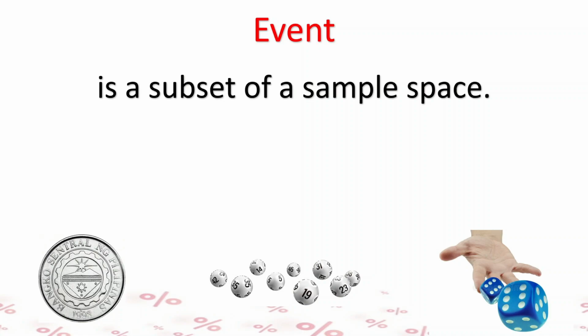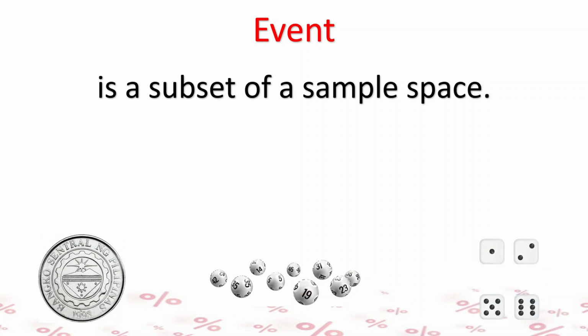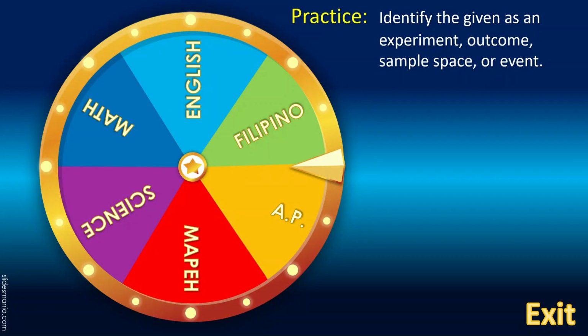We don't include everything. And in rolling two dice together, getting 1 and 2, or 5 and 6 are just events because they are not really including all the possible outcomes. Okay, so those are the differences between those four terminologies.